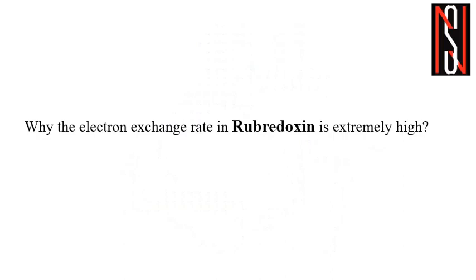Now the electron exchange rate in Rubredoxin is tremendously high, approximately 10 to the power 9 electron transfers per second. Do you know why? This is mainly because the oxidized form of Rubredoxin, where iron is in +3 oxidation state, and the reduced form, where iron is in +2 oxidation state, are very much comparable.